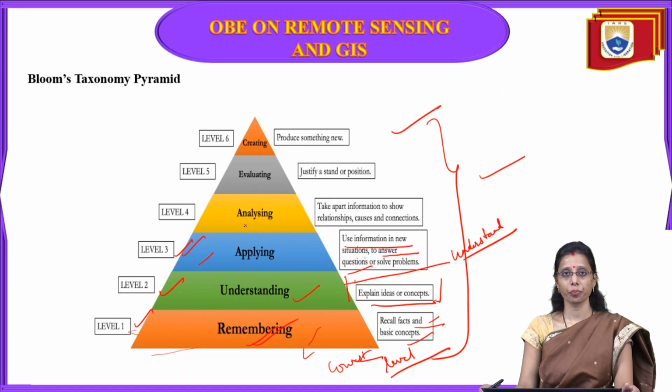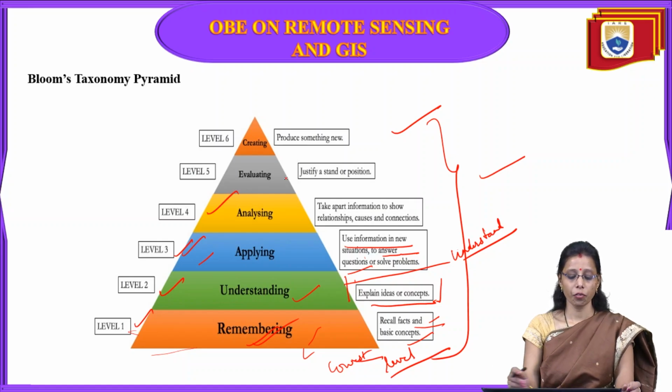Now coming to level 4. Level 4 is analyzing. So what is analyzing here? Analyzing is to take apart information to show relationships, causes and connections. They should try to understand the information which shows the relationship between two problems. For example, there is one situation and another situation. What is the relationship between the previous situation and the current situation?